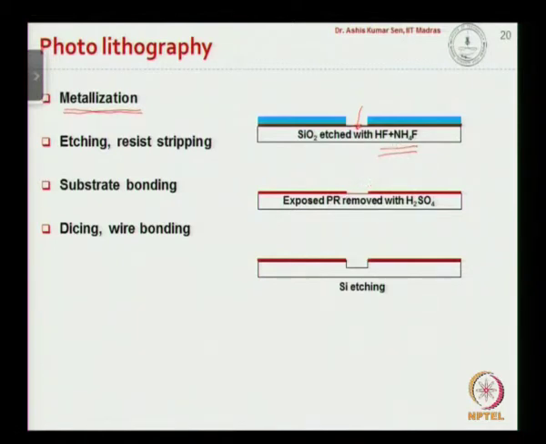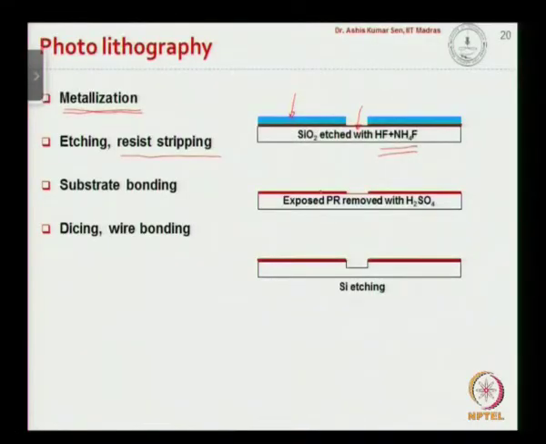After the silicon dioxide etching, we go for resist stripping. This photoresist is used basically as a mask layer to etch silicon dioxide, and once the silicon dioxide is etched, we remove the photoresist because it is not needed anymore.